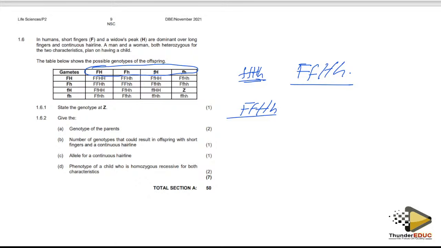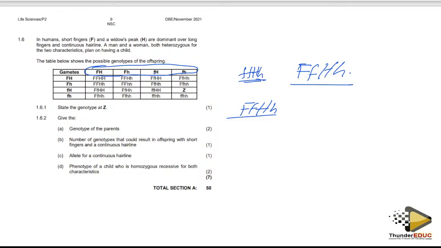Then they are saying the number of genotypes that could result in offspring with short fingers and continuous hairline. So in this case, we are going to say number of genotypes that would result in offspring with short.